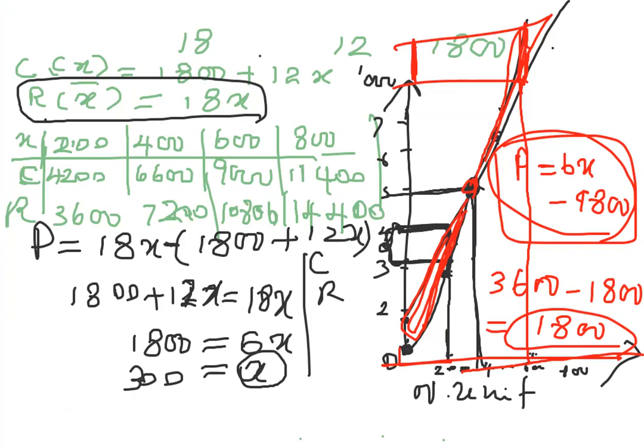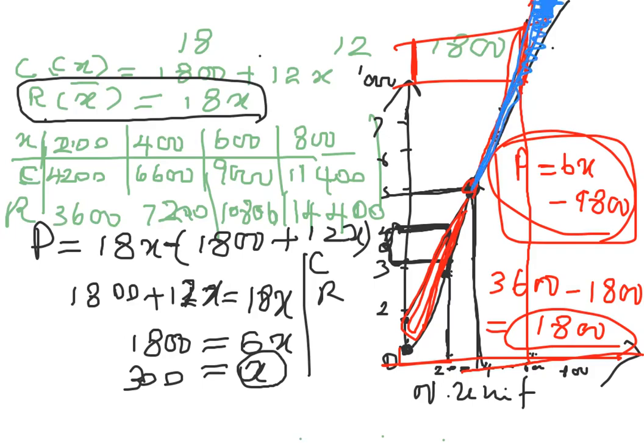To answer this question, after you draw your cost function and the profit function on the graph, next you need to check which is the profit earning area. In this case, you can see this blue colored area is the profit earning area.